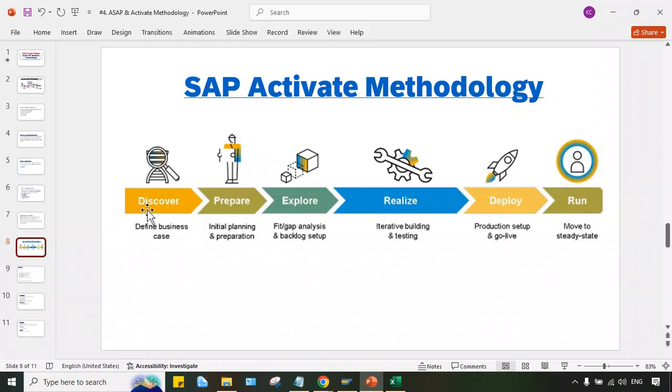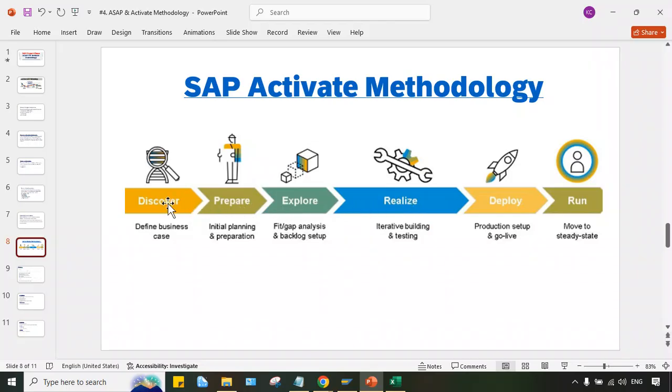So the discover phase, generally I leave out this phase. I say Activate methodology has 5 phases: prepare, explore, realize, deploy, and run, because from the second phase onwards, consultant involvement is there.